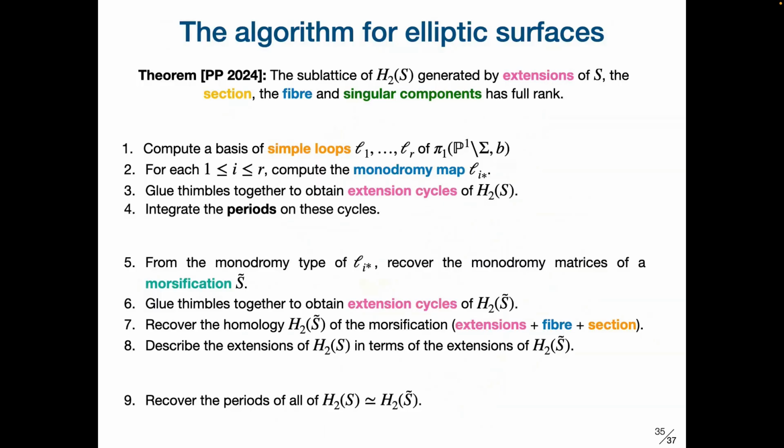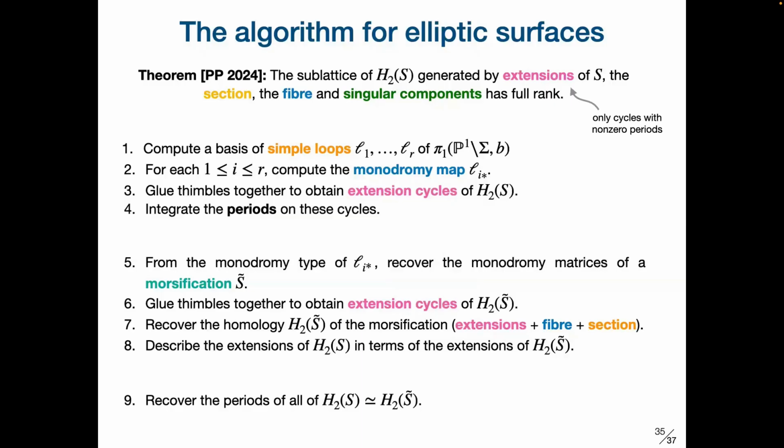Now, what you can prove is that if you look at the sublattice of the homology that's generated by extensions of the initial surface, by components of singular fibers, by the fiber and by the section of your surface, then you get something which has full rank. And this is good because the extensions are the only ones which have non-trivial periods.